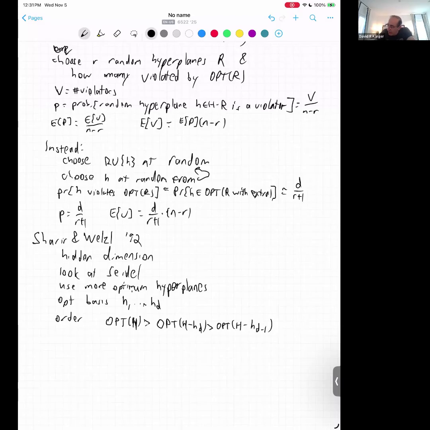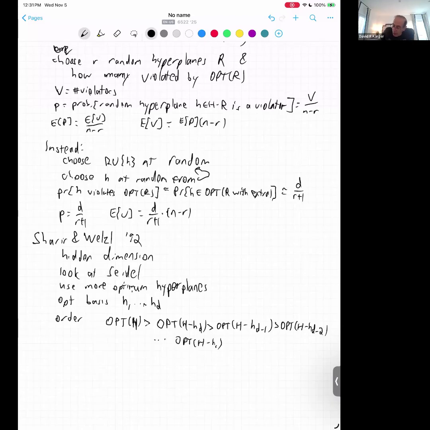Removing each of them drops the optimum by some amount until we get to H1, which drops the optimum by the most. Okay, so that's just a particular ordering of the hyperplanes. And remember, we're assuming general position here, so all of these opts are different and all of these inequalities are strict.